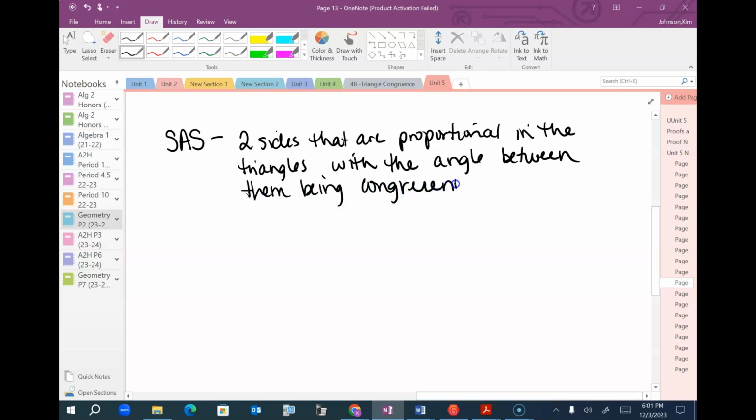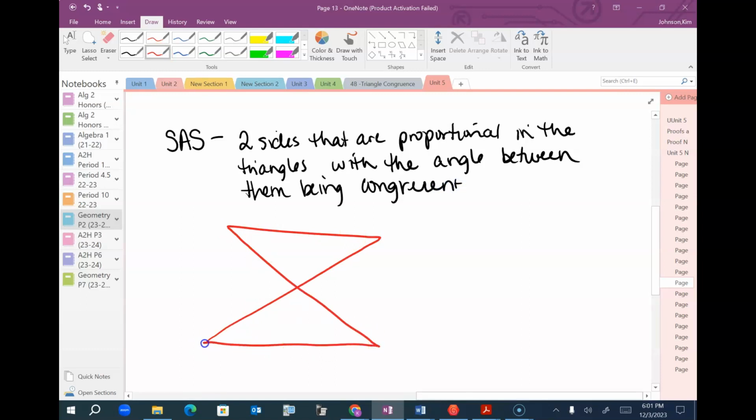So I'm going to draw a picture of a scenario where this might be the case. I'm going to mark this as triangle DOG, and this is triangle BEG. We're going to check if triangle DOG is similar to triangle BEG.